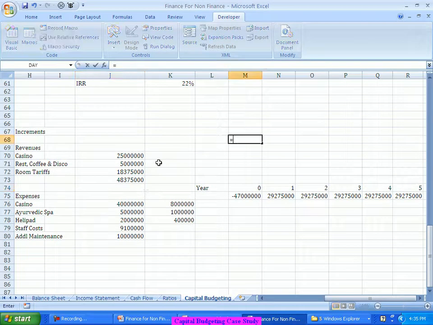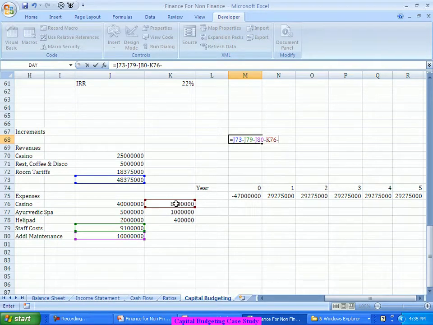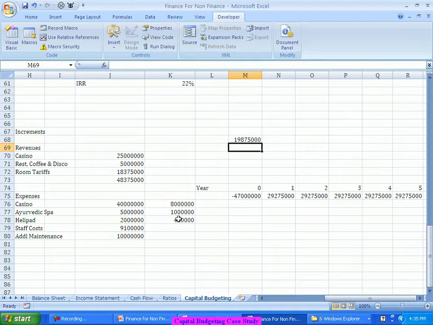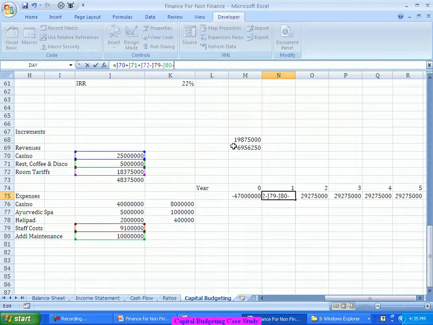Revenues minus expenses, minus total depreciation, that is my profit every year. On this profit I am paying 35% as the tax. So from all these collections I have to remove that tax amount.